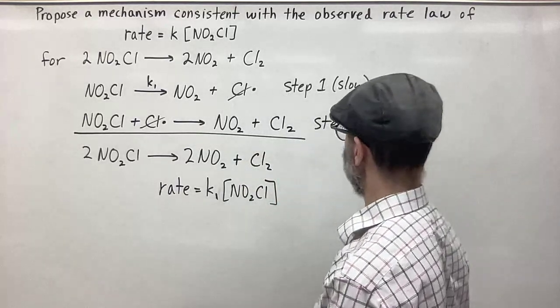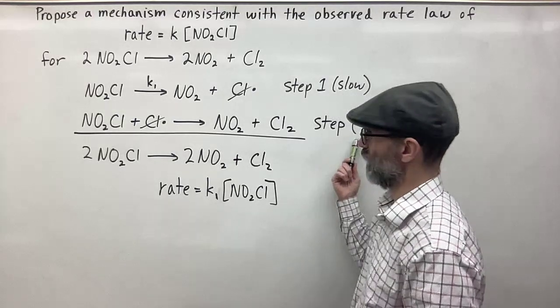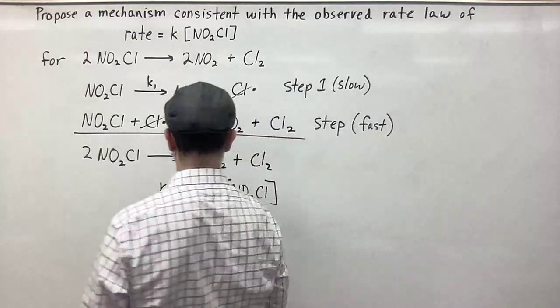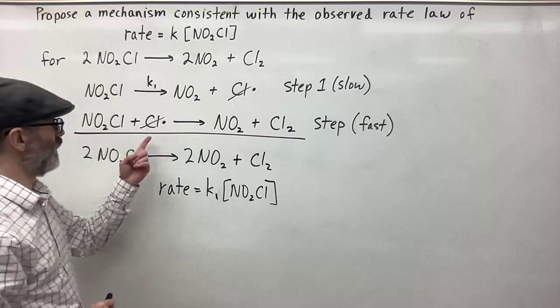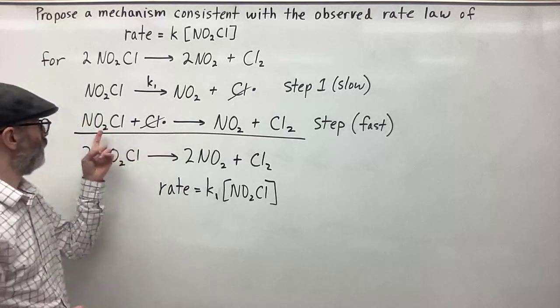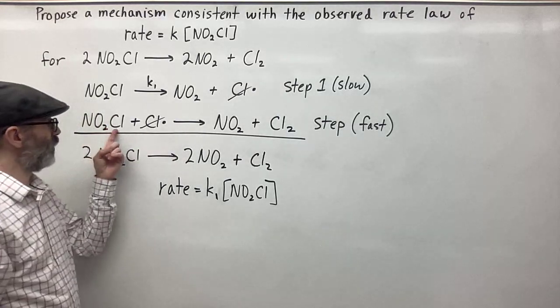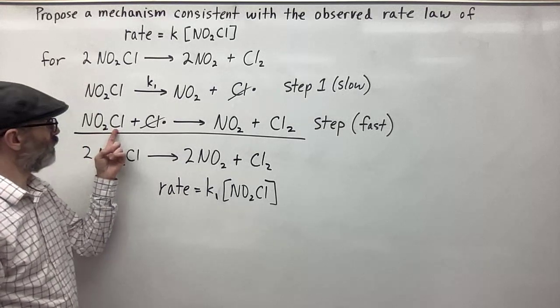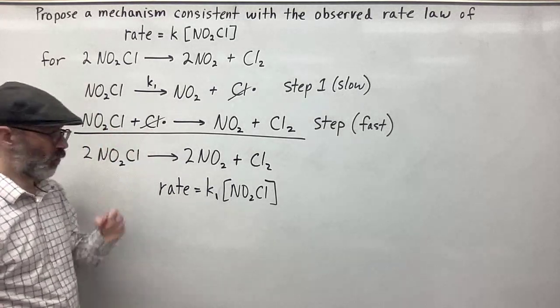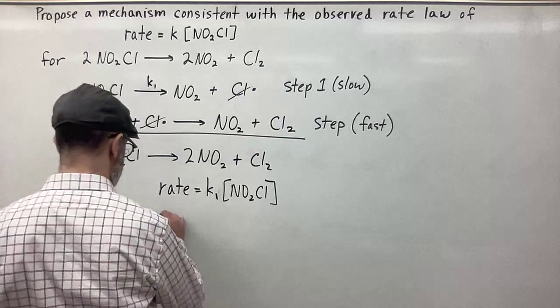Now, what if we said that this was the slow step, right? If this was the slow step, we would have NO2Cl here with Cl radical. So then our rate law for that step would look like this.